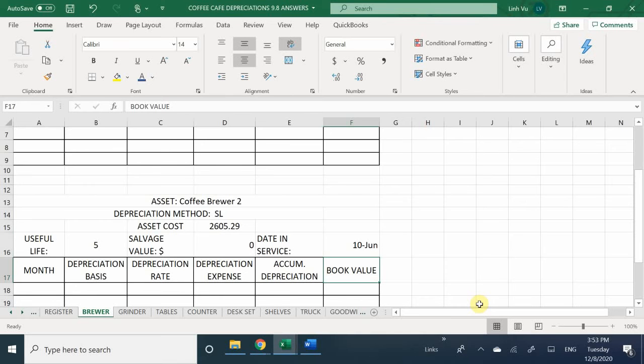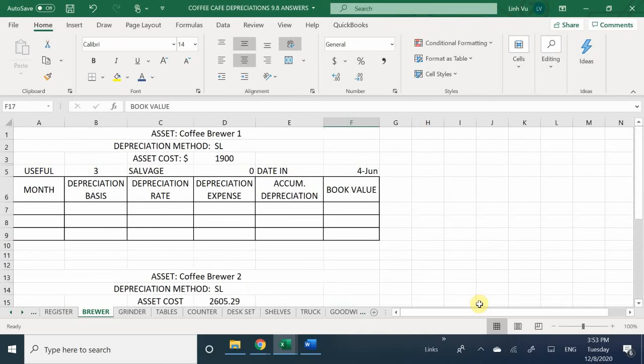All right. So let's go ahead and work on the first brewer first, and then we can complete this. So June. All right. What's the depreciation basis going to be to calculate for straight line?